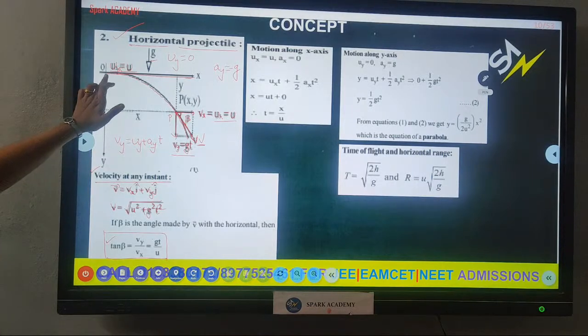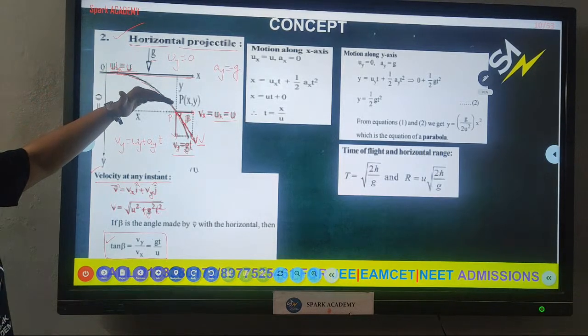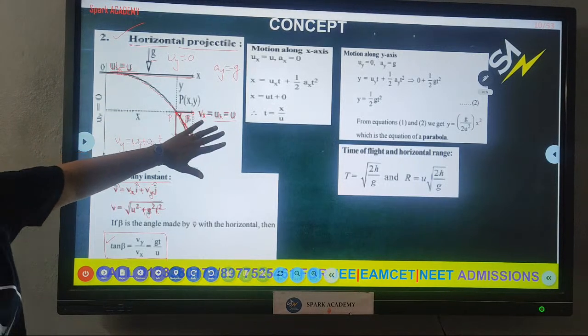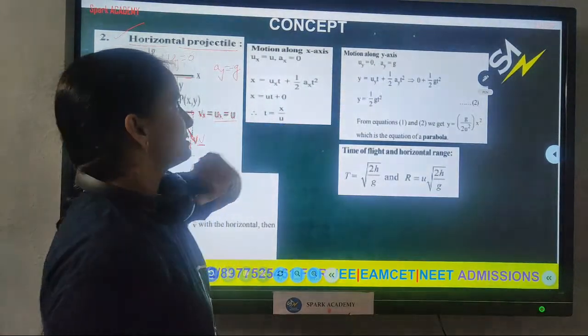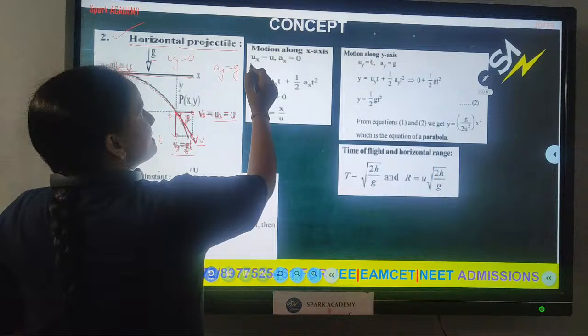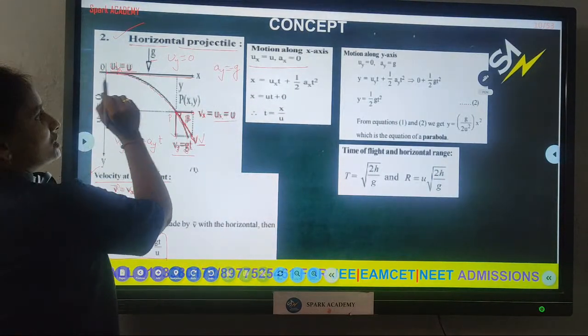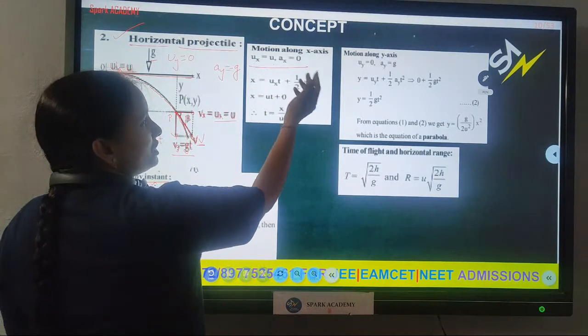Next, when it is given a horizontal velocity from a certain height, after some time it is resolved into its components. So we need to describe this motion along the x-axis and along the y-axis. Let us see motion along the x-axis. At the point of projection, ux is equal to u, ax is equal to 0.